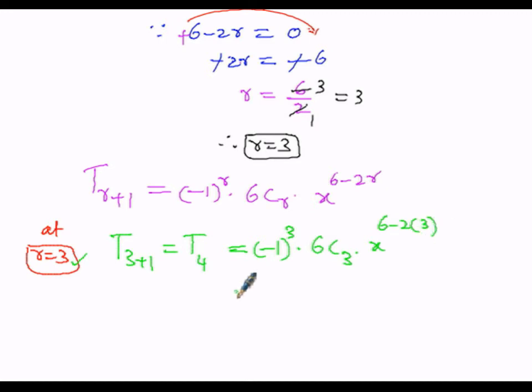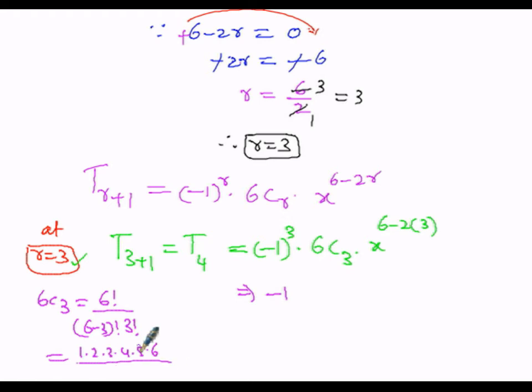So that implies minus 1 repeatedly multiplied thrice, 3 is an odd number, so minus remains minus itself, that is minus 1, 6C3. Let us find the value of 6C3, that is equal to 6 factorial overall divided by 6 minus 3 factorial into 3 factorial. 6 factorial is 1 into 2 into 3 into 4 into 5 into 6, divided by 3 factorial, 1 into 2 into 3, into 3 factorial again, 1 into 2 into 3.